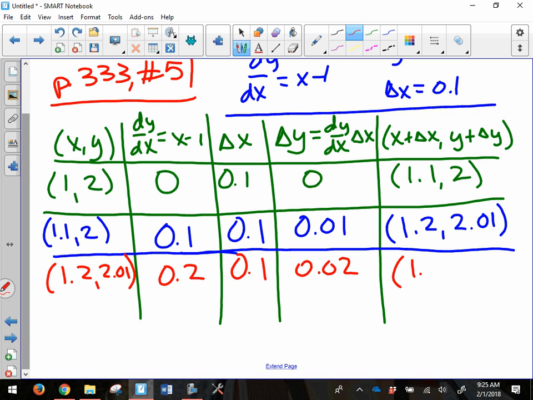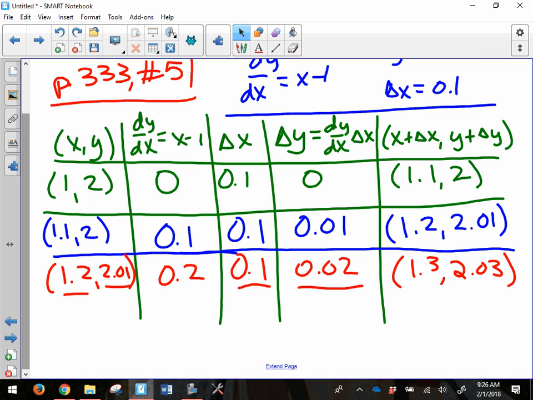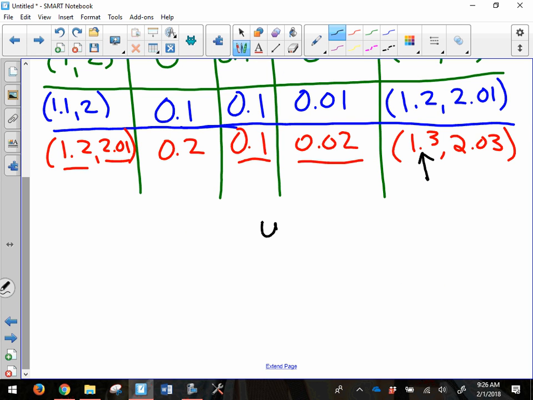Take x plus delta x, 1.3, because remember it was 1.2, and I add 0.1. And then what's my y going to be? Yeah, 2.03, good. And that's as far as I need to go, because I wanted to know what the y value was when x was equal to 1.3, and what's my answer?